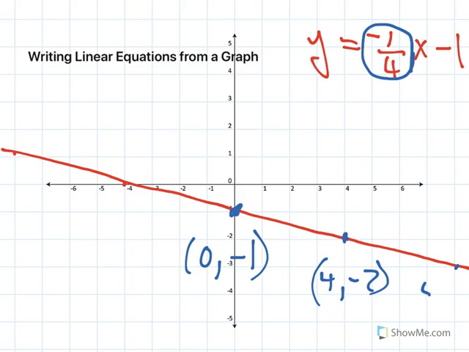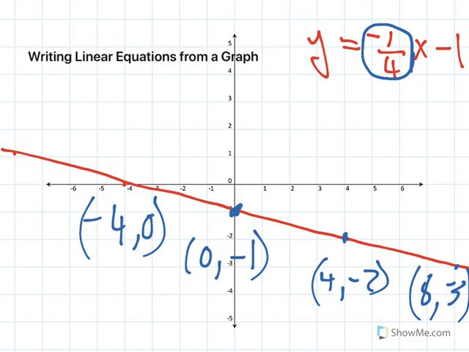This is 8, -3. Over here we've got -4, 0. That's the x-intercept also. And -8, 1. Okay? So we've got all these points that we could use.